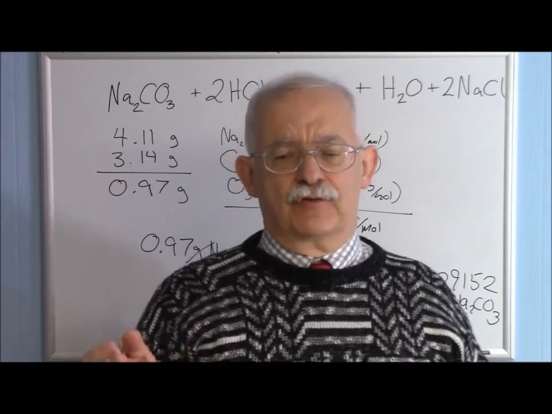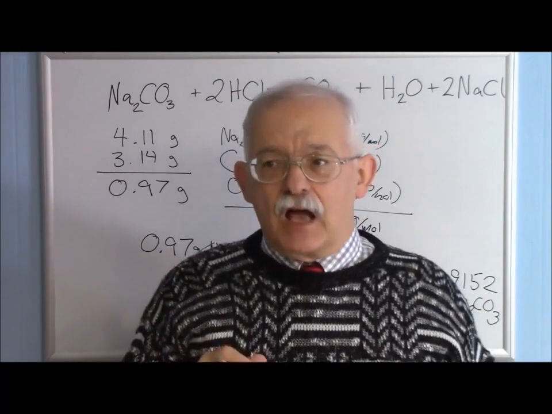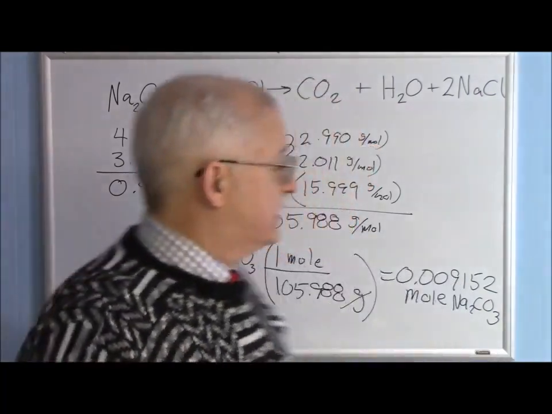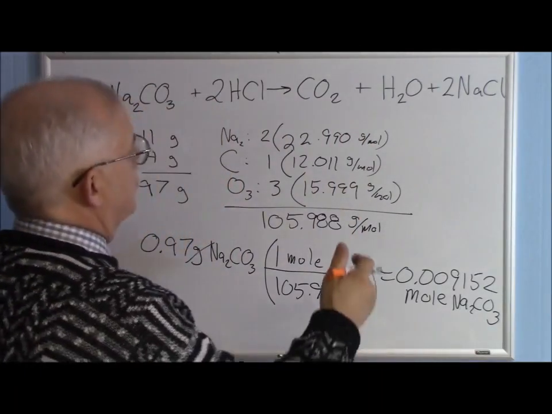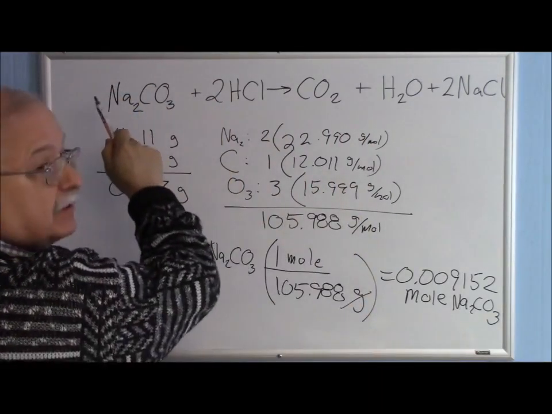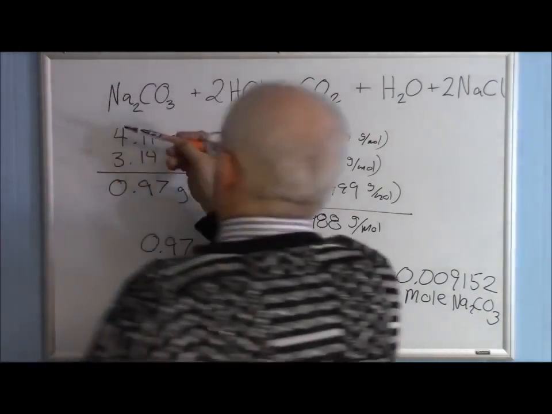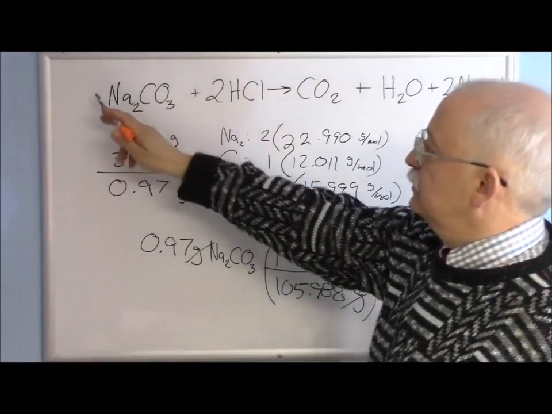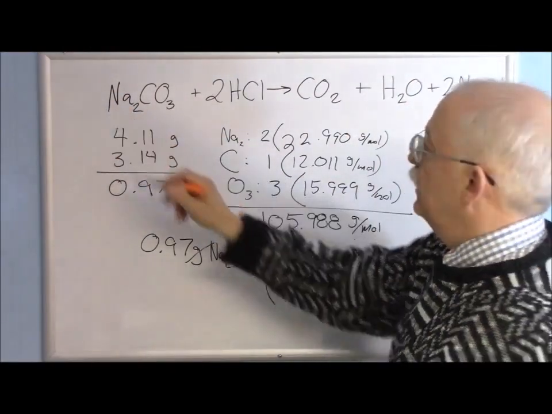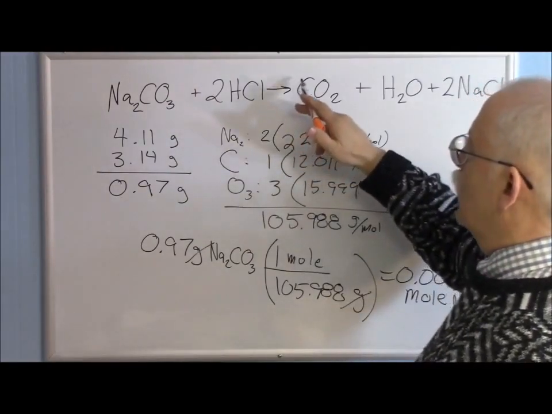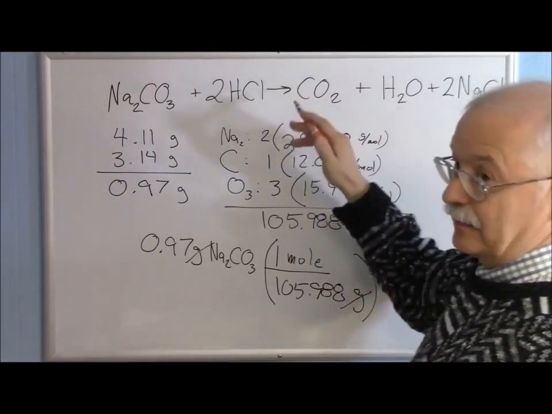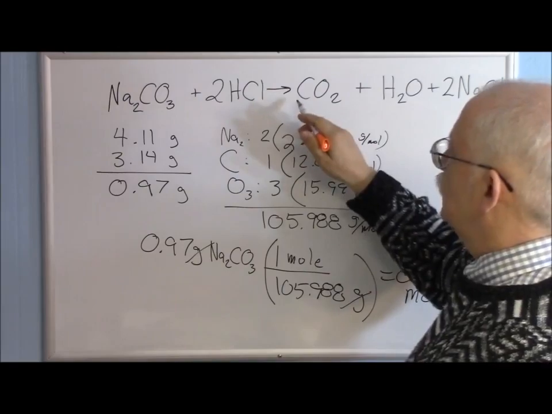Now we need to convert that to moles of carbon dioxide that we would theoretically get. So what you'll notice here is the coefficient of sodium carbonate in the balanced equation is understood to be a 1, and likewise the coefficient of CO2 in the balanced equation is understood to be a 1.